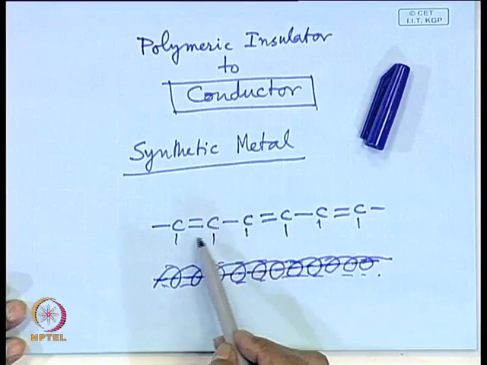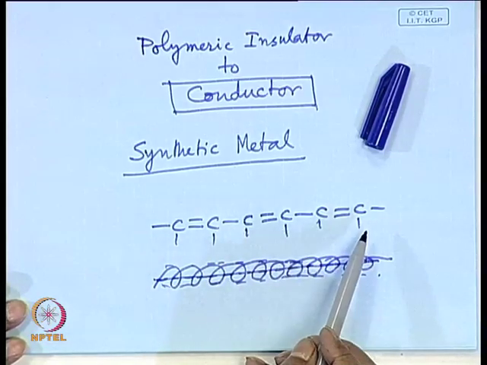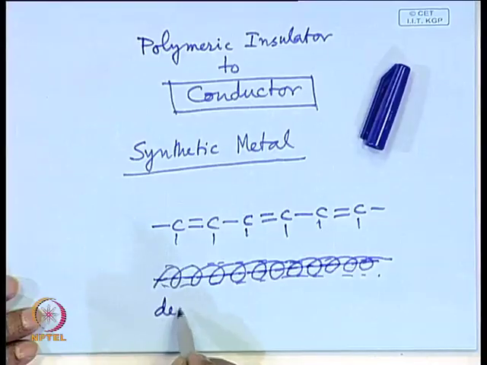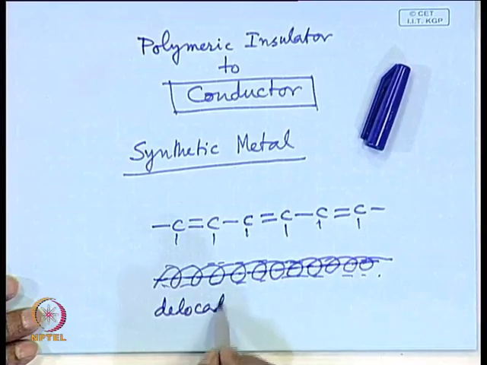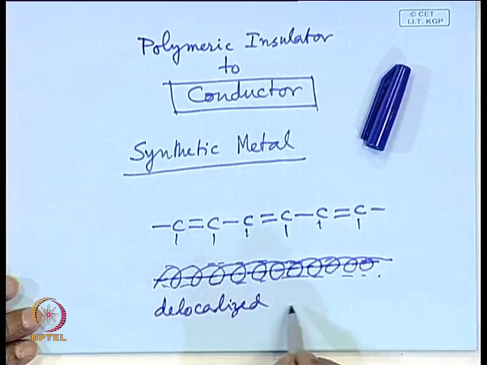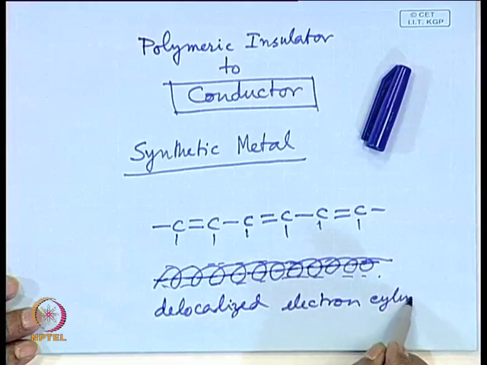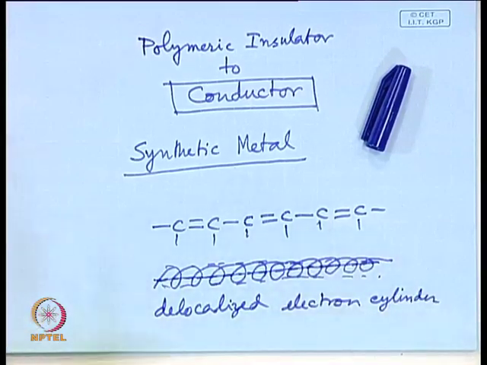If there is such a conjugated system of pi electrons, that means it can provide a cylinder of delocalized electrons. Our purpose is served, at least ideally we can think.